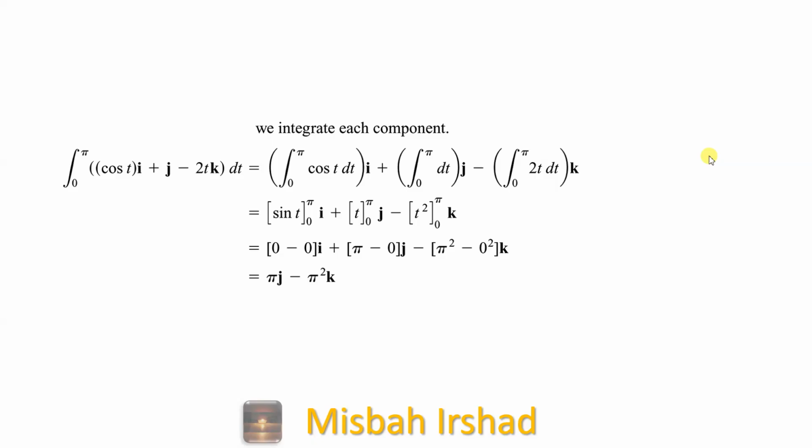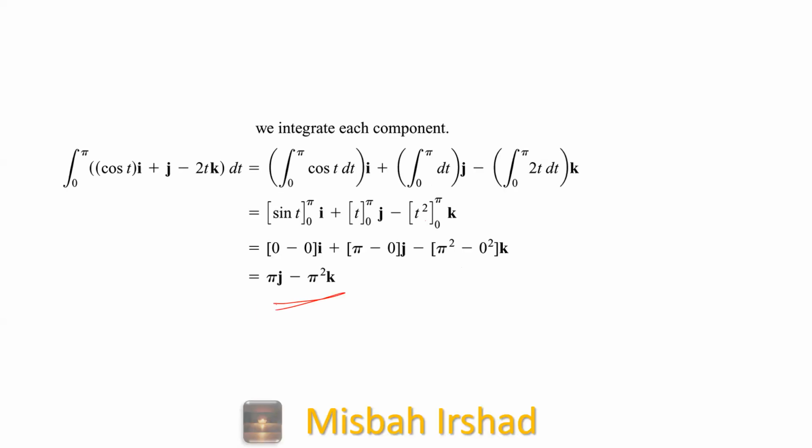So this is the result. So sin t from 0 to π, similarly t from 0 to π, negative t squared from 0 to π, and we have this answer. We just apply the limits and get the answer. So that is all for today's lecture.